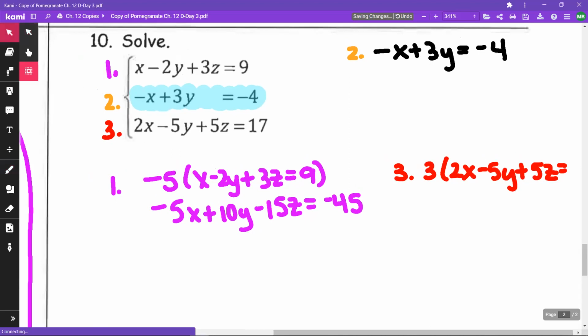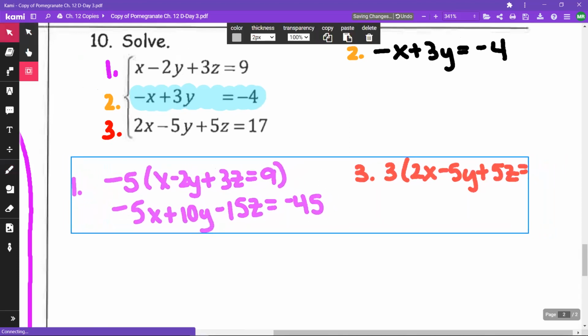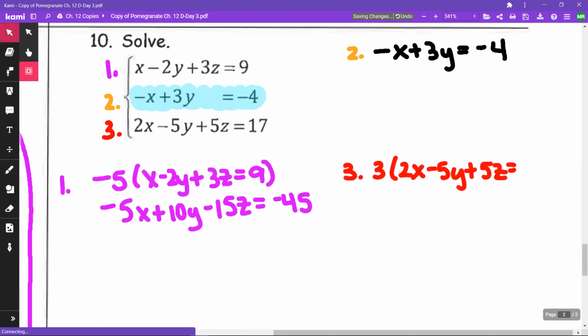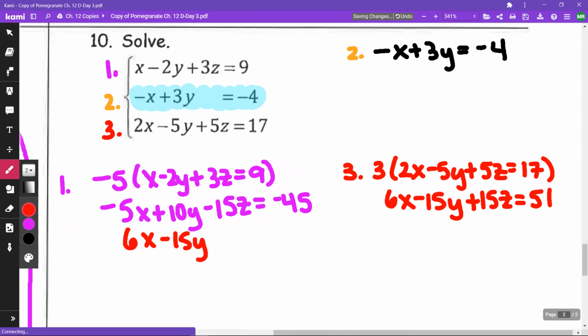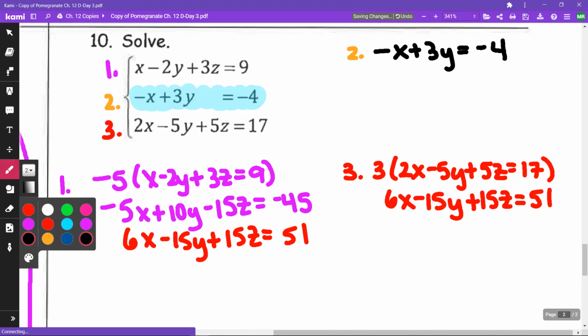So that's going to be 6x minus 15y plus 15z is equal to 51. Okay, so now I'm going to write that one underneath this one.